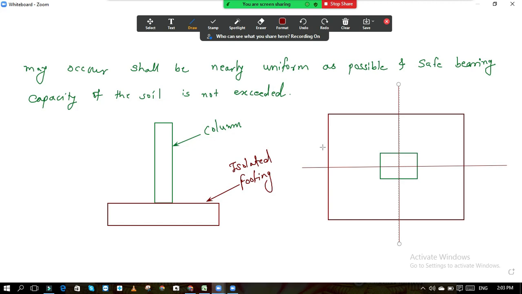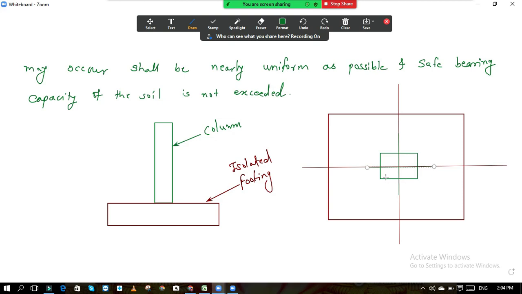This is the CG of the footing, and for the column also, this is the y-axis of the column and this is the x-axis of the column.